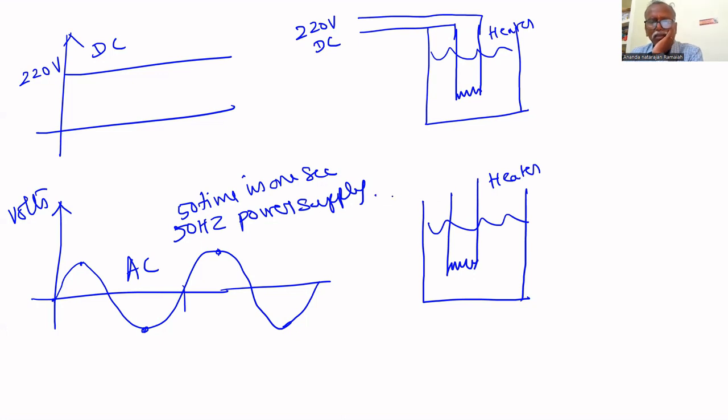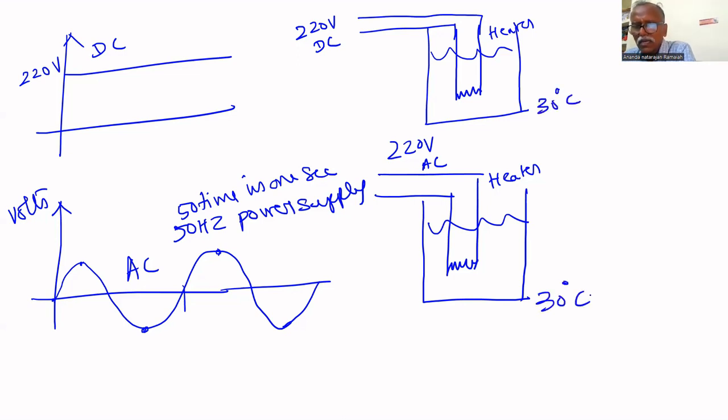Here I am giving 220 volt AC. The initial temperature of this water bath is 30 degrees centigrade. Here also 30 degrees centigrade. In 5 minutes, this becomes 100 degrees centigrade. This also becomes 100 degrees centigrade.